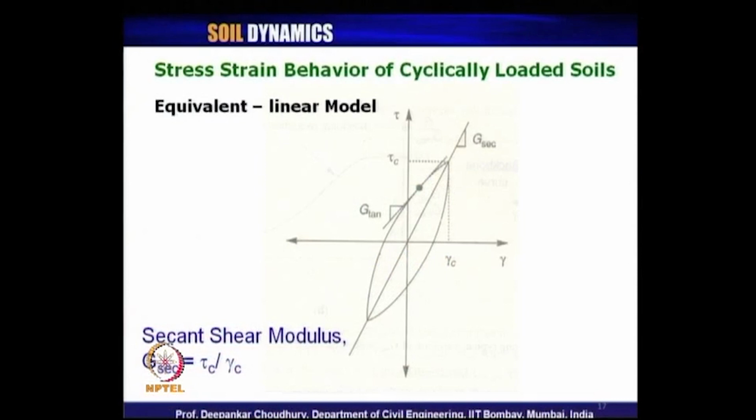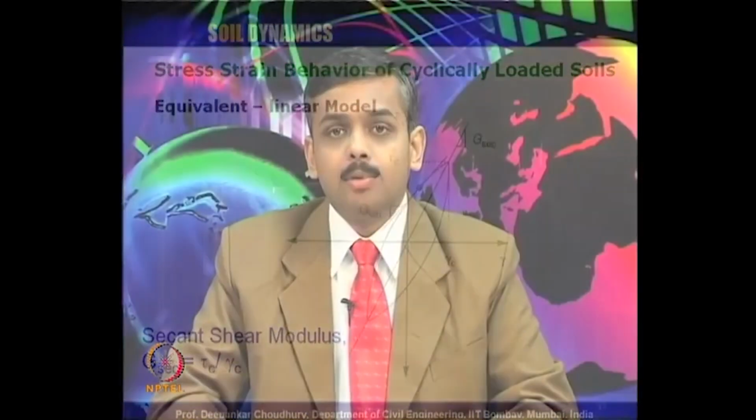Now, coming to today's lecture, let us first discuss when we conduct in laboratory the second category of test, that is the sample test with high strain level. So, suppose we are conducting in laboratory the cyclic triaxial test or cyclic simple shear test.